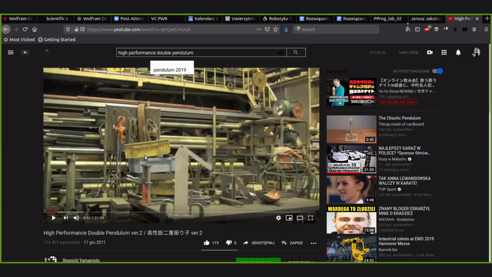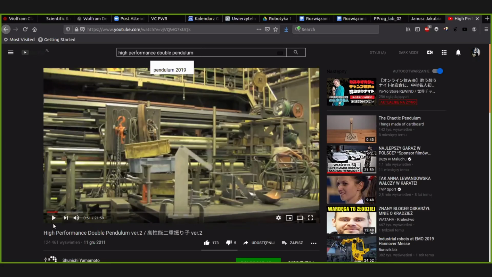To show it to you, I tried to run it through Zoom, but you can see it by yourself just by typing in the web browser, in YouTube, the high performance double pendulum, and you will find this video, which is showing how such a pendulum behaves.